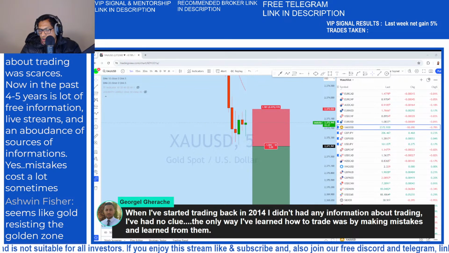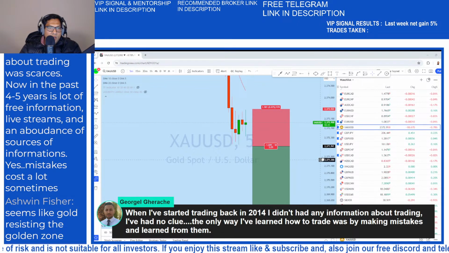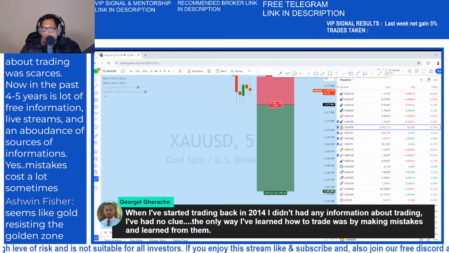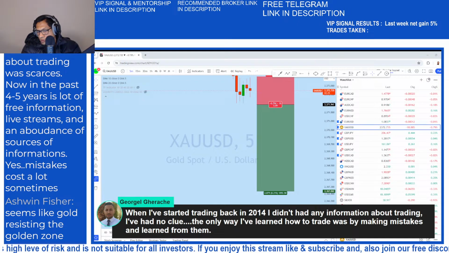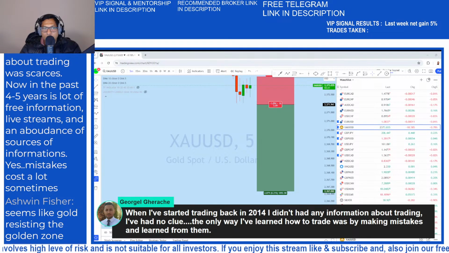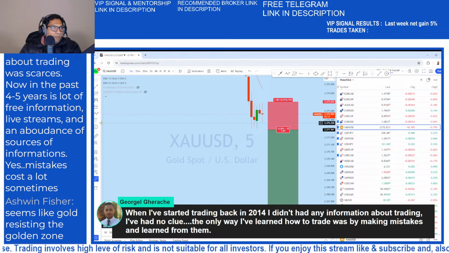Stop loss 2373.52. TP target at 2367.06. So 3 to 1. It's a sell stop.